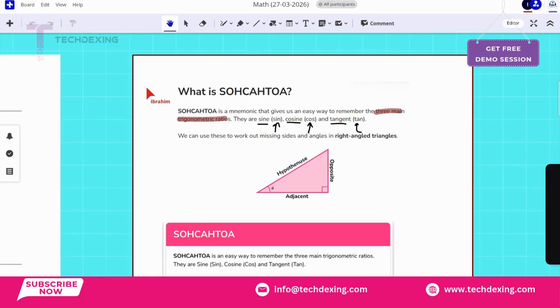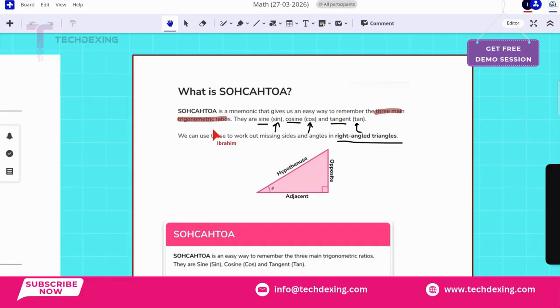We can use these to work out missing sides and angles in a right angle triangle. This is an important point. If the triangle is a right angle triangle, then we can apply SOHCAHTOA. Otherwise, we can't apply it. Suppose I draw a triangle over here that is not a right angle triangle.